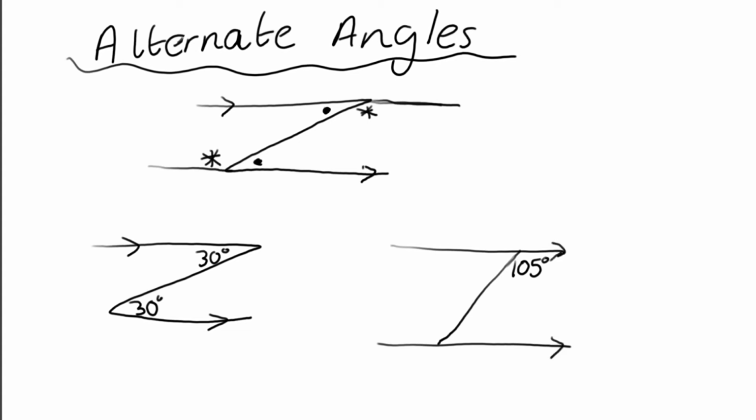So next to the 105 would have to be 75 degrees, because 75 plus 105 makes 180. The 75 would be alternate to down here, because you can see that Z shape. And then again, because of the straight line, that would be 105 degrees into the left.